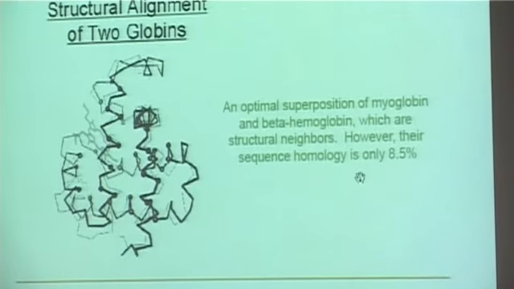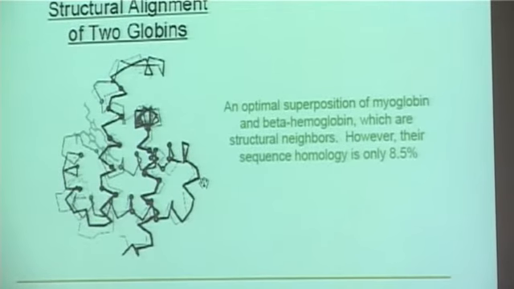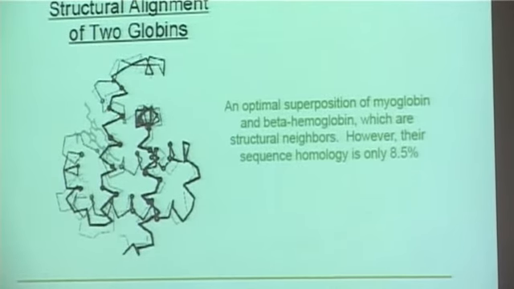These are myoglobin and beta hemoglobin, and this is the alignment result of them. This is a wrong sentence, by the way: sequence homology is 85%. This is an incorrect use of the term homology. Homology is binary. They are either homologs or not.